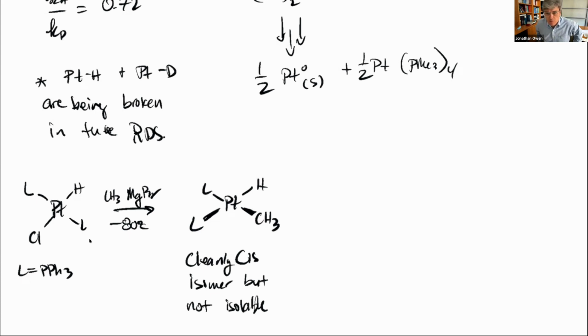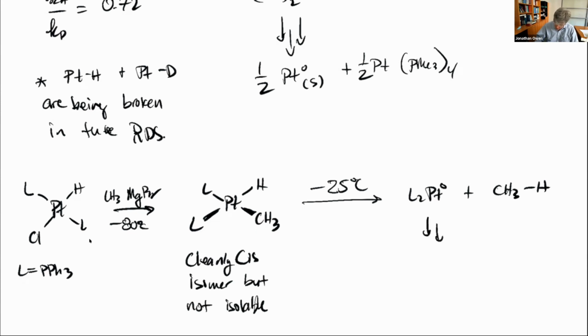He didn't have this problem where there's cis and trans interconverting and all of that stuff. And if he warms it up to -25, he could get formation of L2Pt0 and CH3-H, methane. And this goes on to make platinum 0 particles and L4 platinum 0 again.